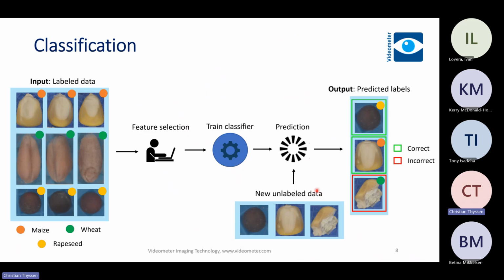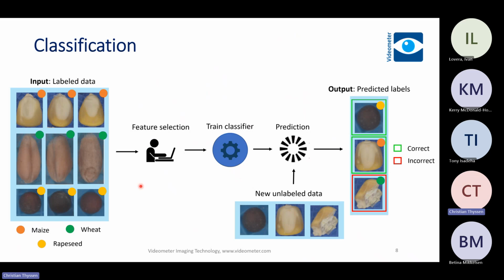And once you have a trained classifier, it might be that you have some new unlabeled data. So you then use the model to produce predictions. That is what you get out here. It predicts this broken maize as wheat.